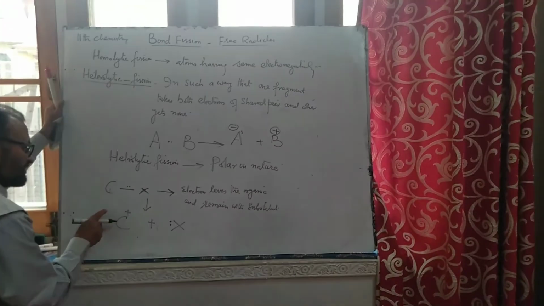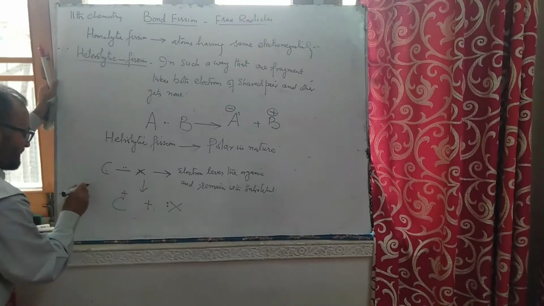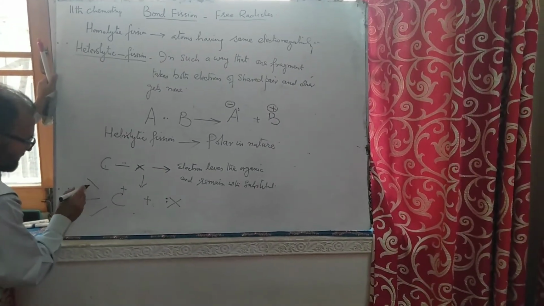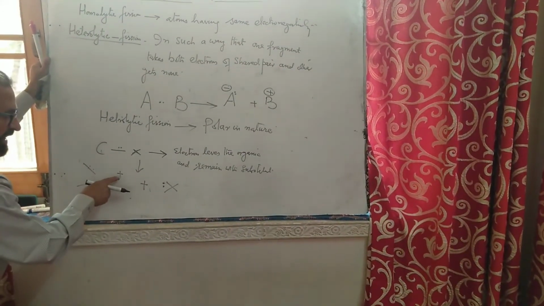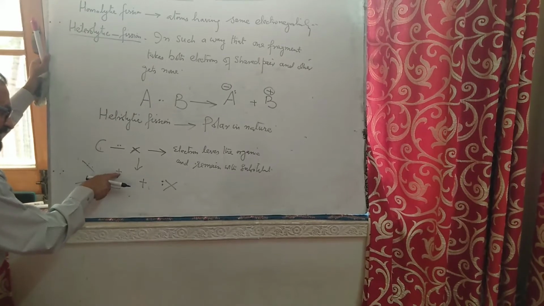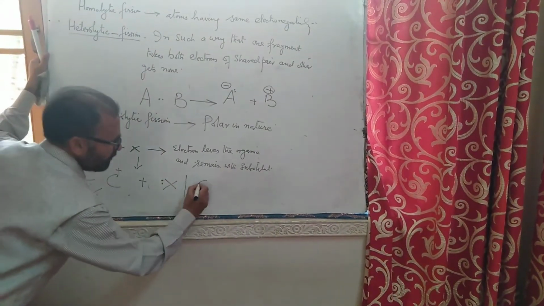Since one valency was satisfied with this X, there are 3 more valencies, that means here are 6 electrons. Carbon having positive charge and 6 electrons. This is formed, the carbocation.